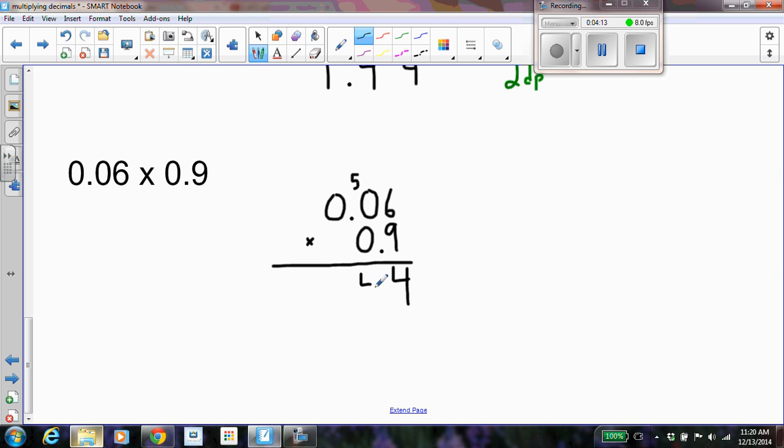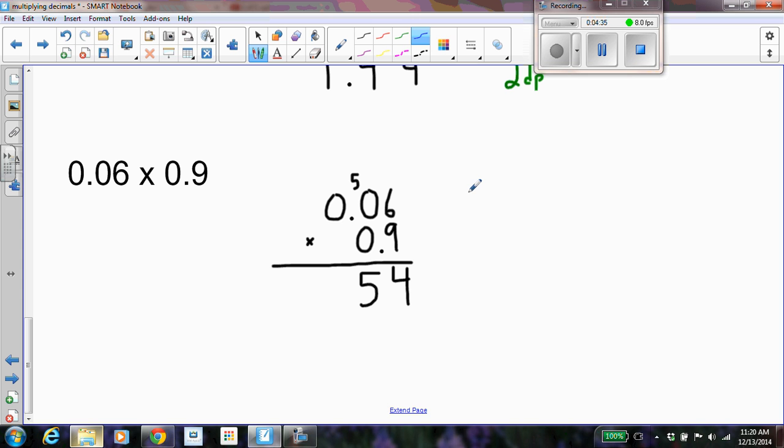So it's 5, not 14, not anything crazy like that. Now I don't regroup, I don't have anything. So I basically would be done. 9 times 0 is 0, I don't want to put that. 0 times 6 is 0, 0 times 0 is 0. So I'm not putting all these zeros.